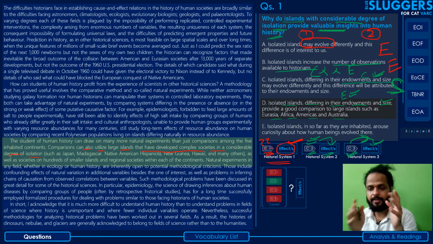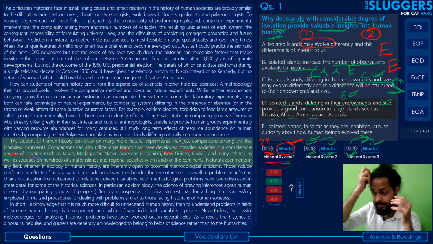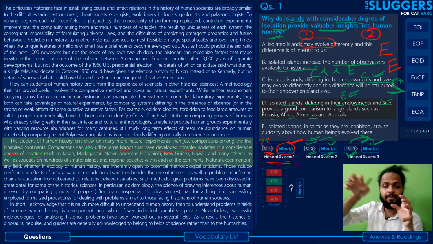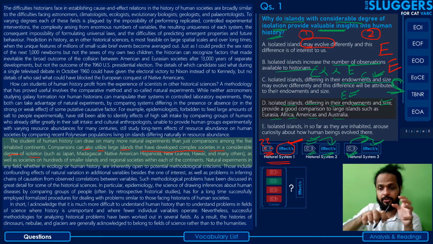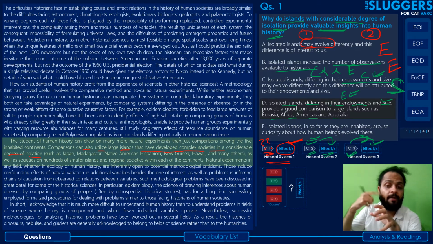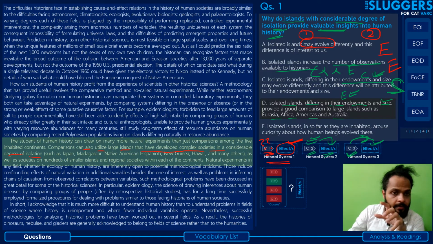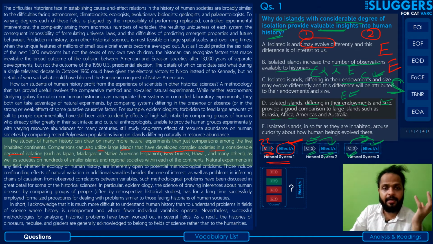All the author simply asks is that historians consider isolated islands also for comparison as natural systems. Now, what to compare them with? Should they be compared with the large continents? Should they be compared with maybe some other smaller regions or something?